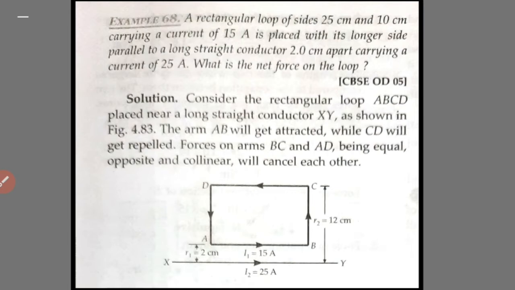But the sides AD and BC will also experience forces, and the forces will be equal and opposite and collinear also. So those two forces will get cancelled. That means the force on sides AD and BC will get cancelled. So we will find the force on the sides AB and CD.